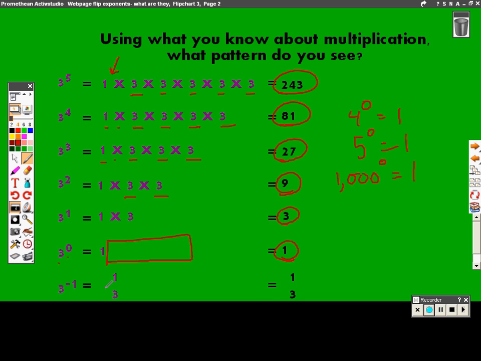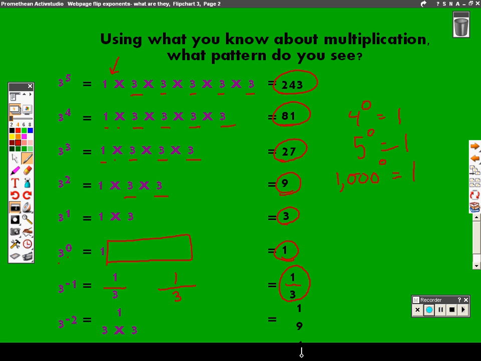3 to the negative first is 1/3. The reason being it's 1 over only 3. That's how we get 1/3. 3 to the negative second is 1 over 3 times 3. That's why we get 1/9. Notice that 1/3 is the reciprocal of 3, because 3 as a whole number can be written as 3 over 1.